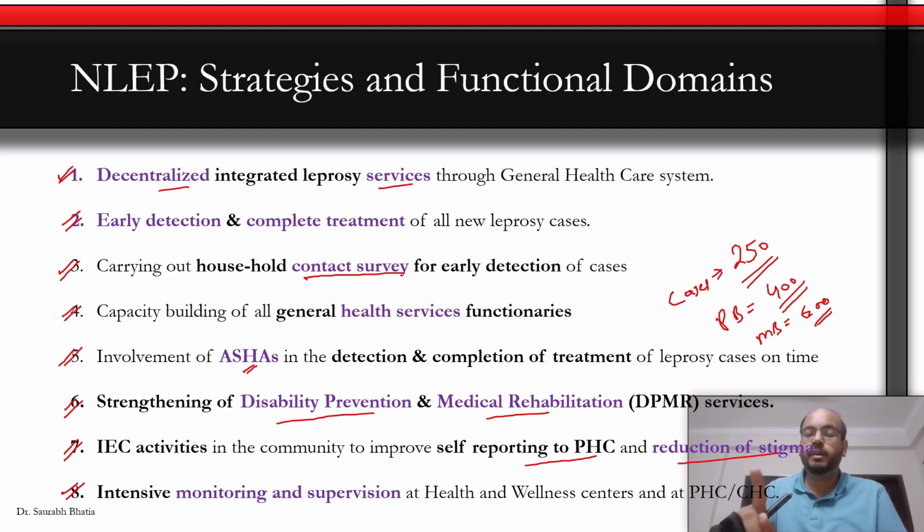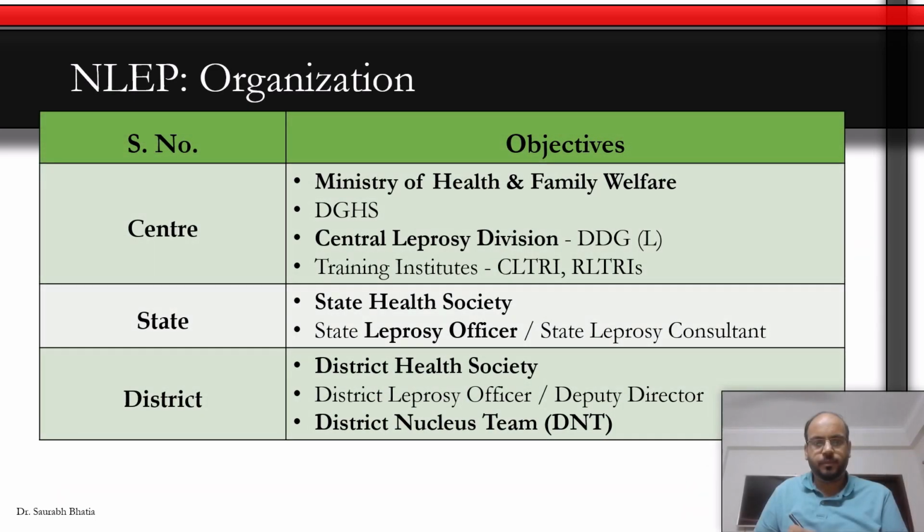If there's any stigma or any problems faced by the patient, we need to monitor and supervise it. So these 8 are the strategies and functional domains of NLEP. If you just remember these 8, you can write pages and pages on NLEP. You can easily expand on each of these headings. Clear? The organization level.